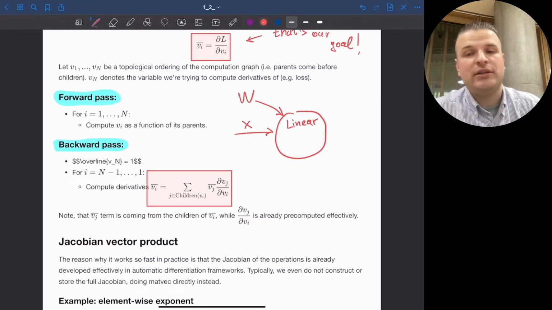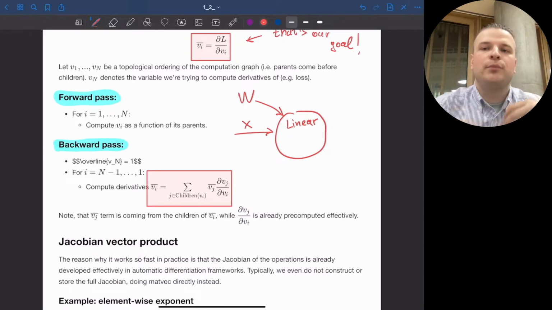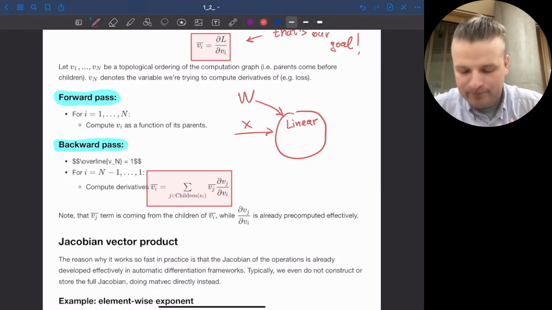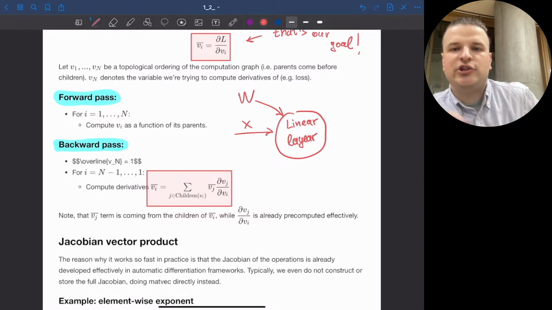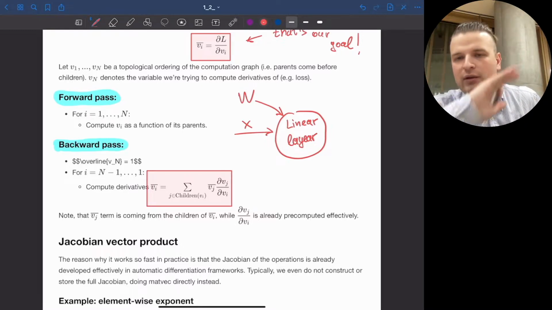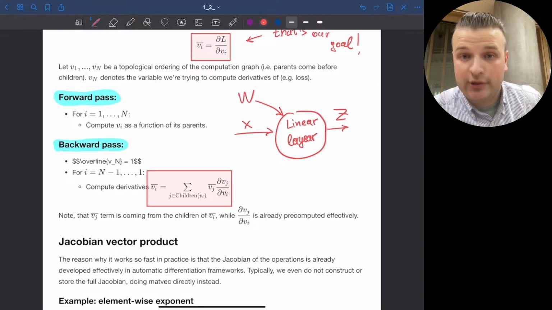Linear layer means just multiplication by a matrix, probably followed by some non-linear activation. But we are interested in just the linear layer, even without activation. And that's our output here.